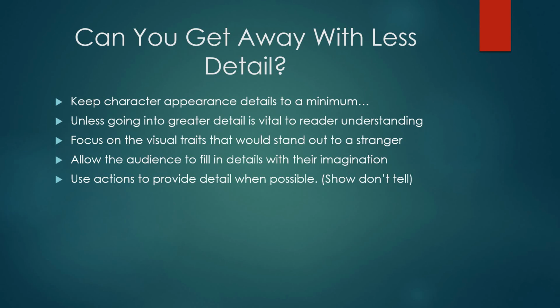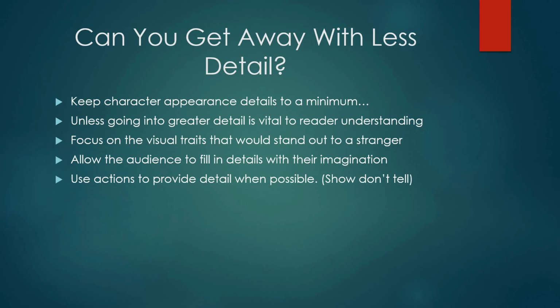It doesn't need to be said ahead of time that so and so is super strong. If that character goes and lifts a 200-pound boulder on his shoulder like it's a small child and throws it 40 feet, that says more in a quick action than a paragraph of detail trying to explain just how strong they are, and describing their muscles, and the size, how their arms are like tree trunks, or legs are like tree trunks.